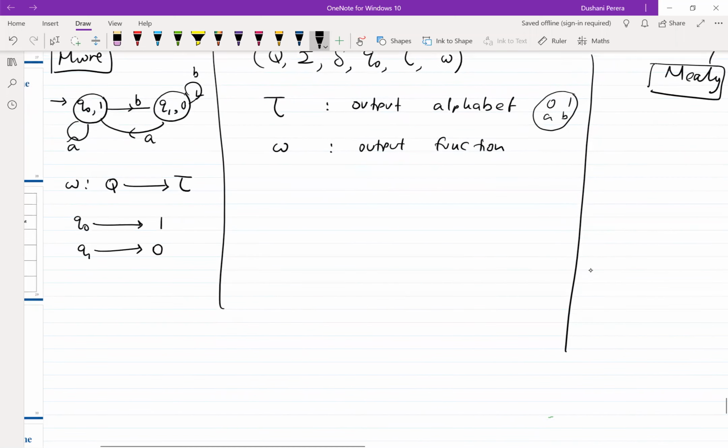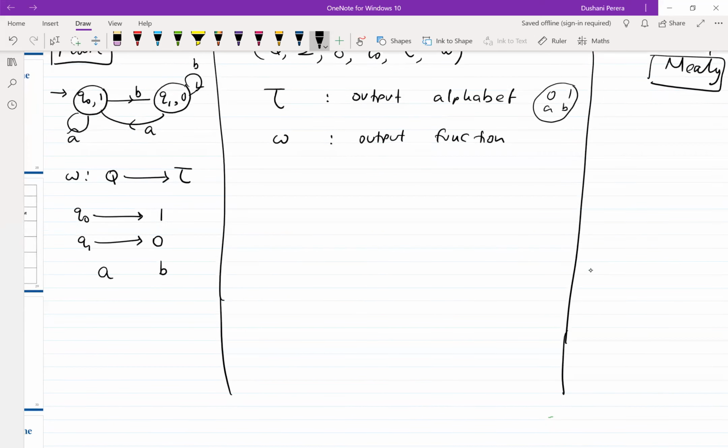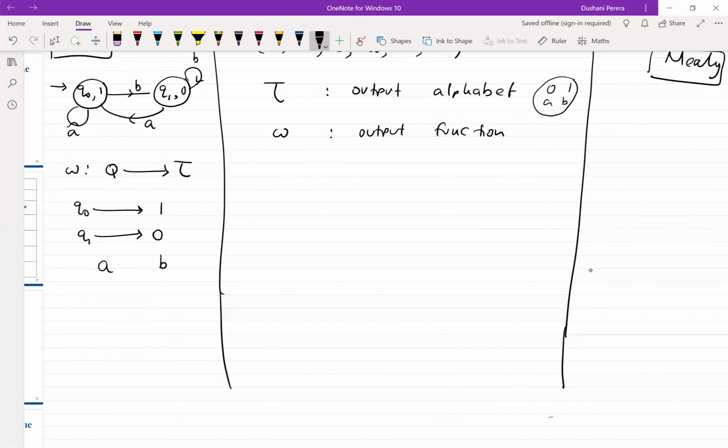Now, if we check with a string, say you give the string AB to this particular machine. You start from the initial state, just like the examples that we discussed in the previous lessons. With A, you go to Q naught itself. Then upon seeing B, you go to Q1. This is how the state transition happens.